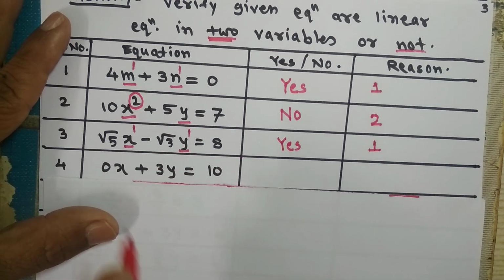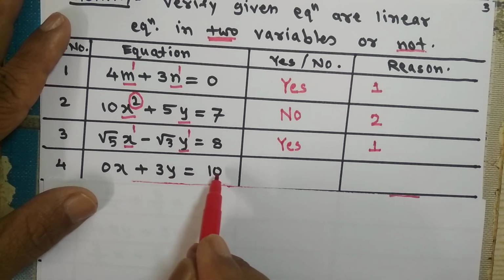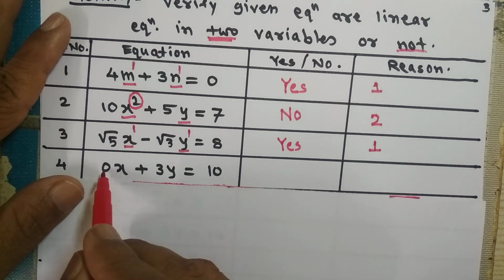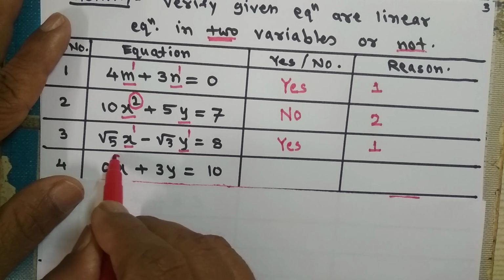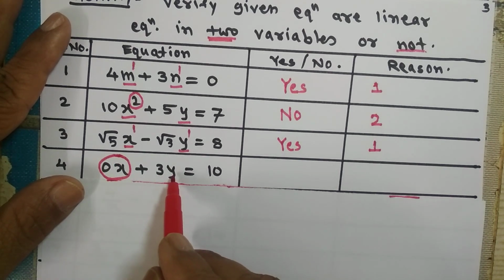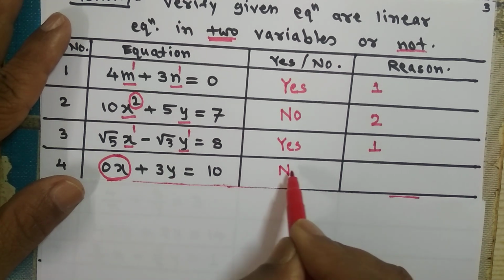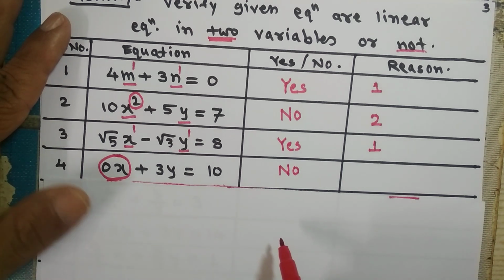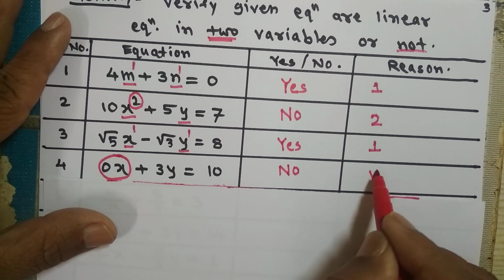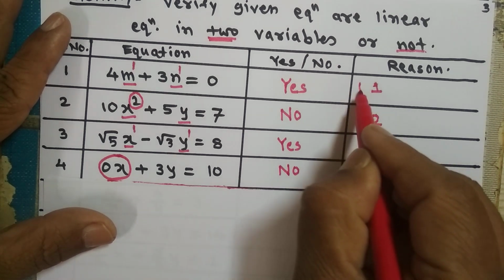Next example, 0x plus 3y is equal to 10. In this case, 0x means 0 into x. Finally, this term will be 0. There remains only one variable. Therefore, this is not a linear equation in two variable.